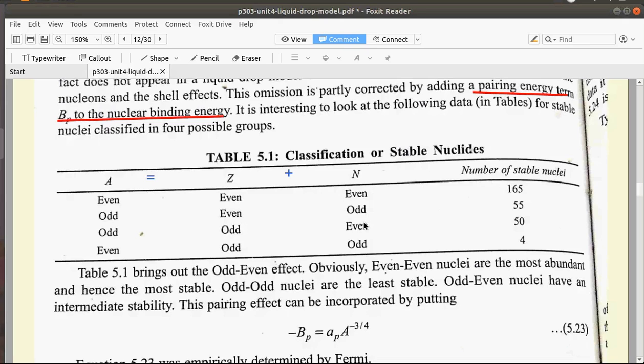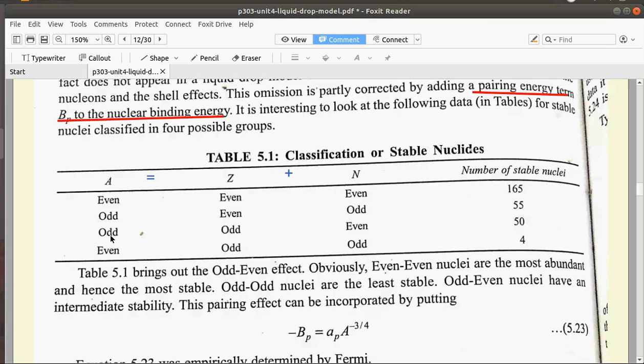The rest is the number of neutrons. Since A is odd, this will also be odd. So when the number of nucleons is odd but the number of protons is even, then the number of stable nuclei is 55, experimentally observed.